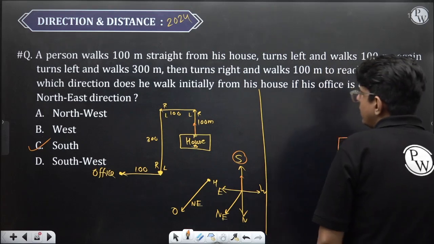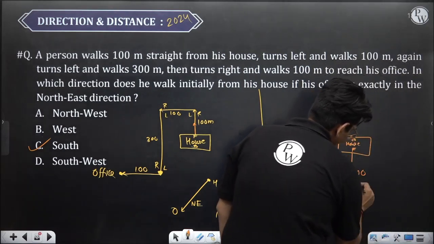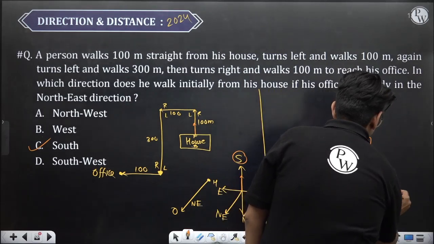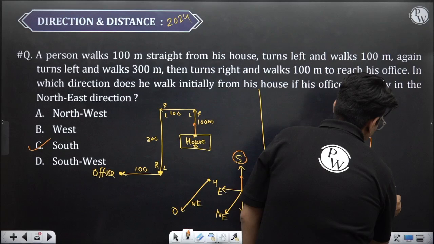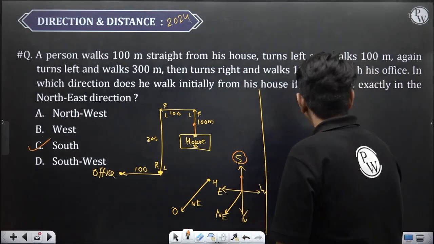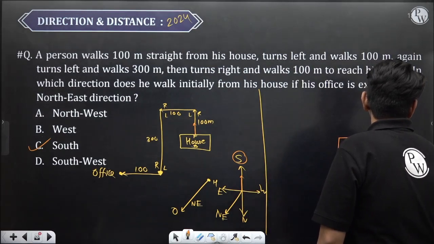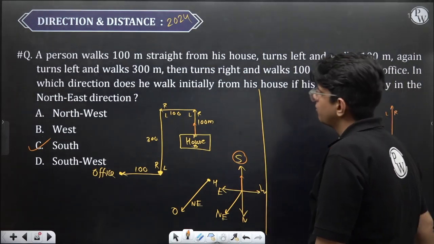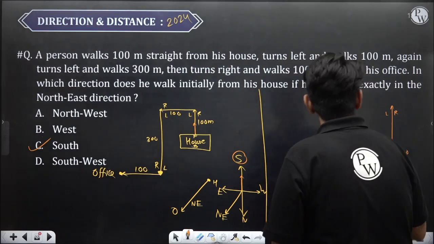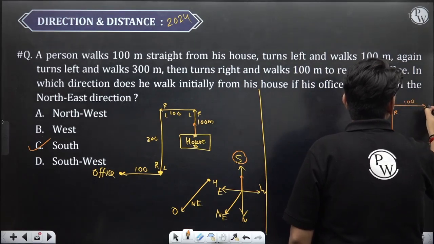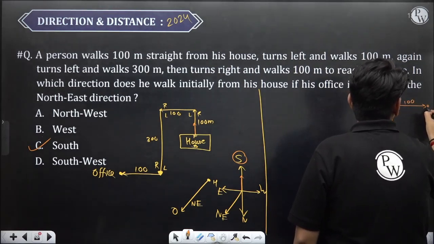After that he takes a left turn and moves 100 again. This is right, this is left, again takes a left and goes 300, right? After that, takes a right turn and gets to, this is right, 100. Now, this is the office.